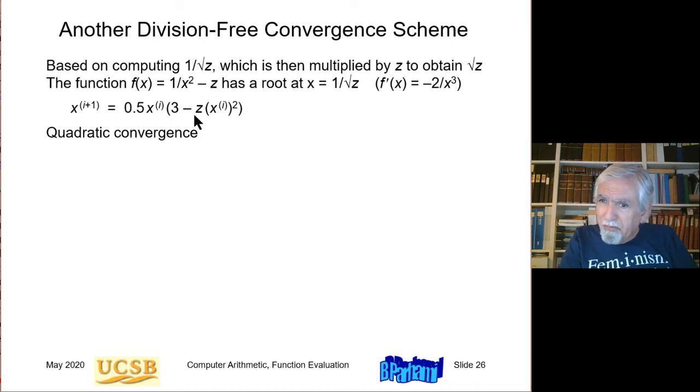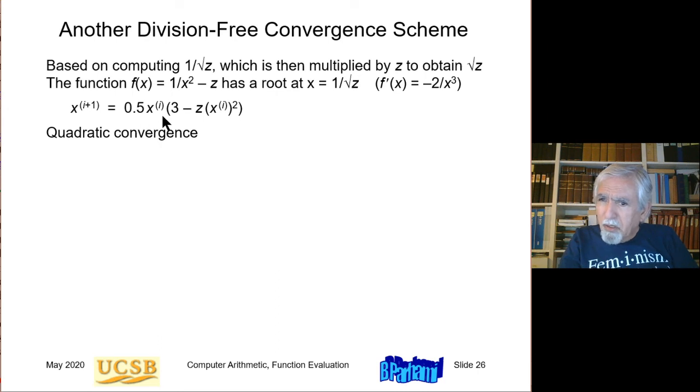It leads to a convergence method that does not involve division. So this function, f of x, has a root at x equal to 1 over square root of z.